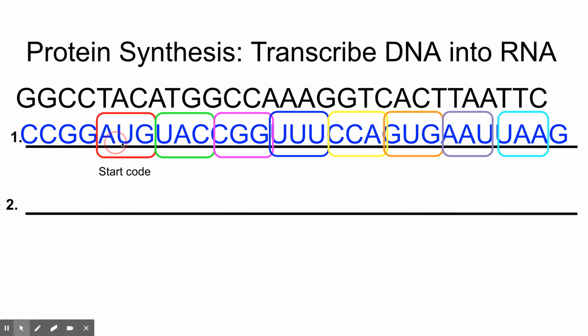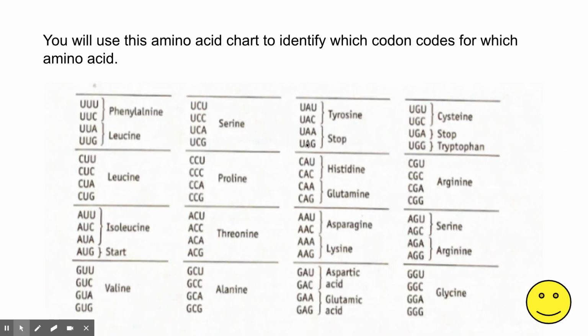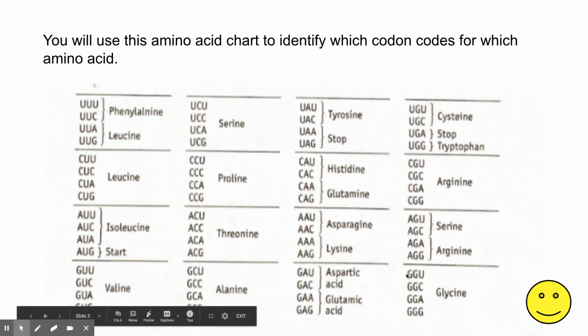Then what you're going to do, again, this tells the amino acids when to start. So you go with the next one after, UAC, and you're going to look it up. Notice all the tops start with U. Then you have all the C's going across, all the A's, and all the G's.